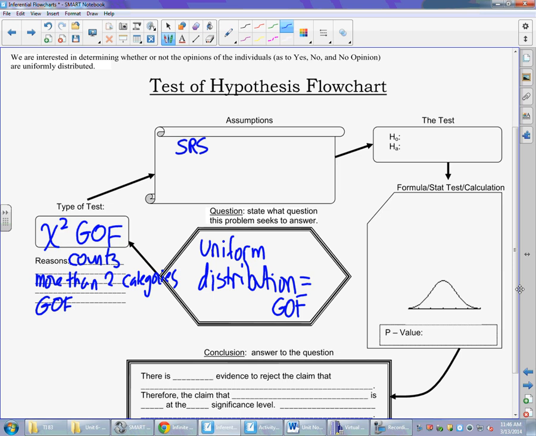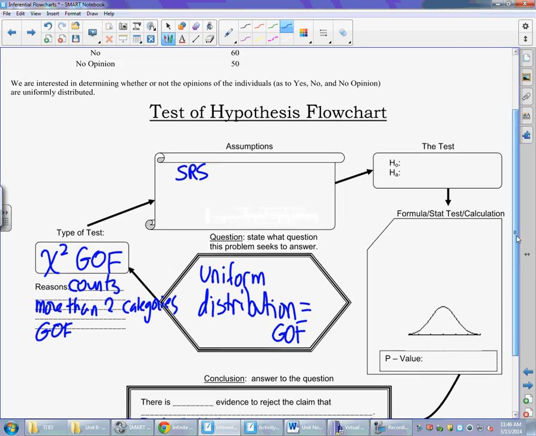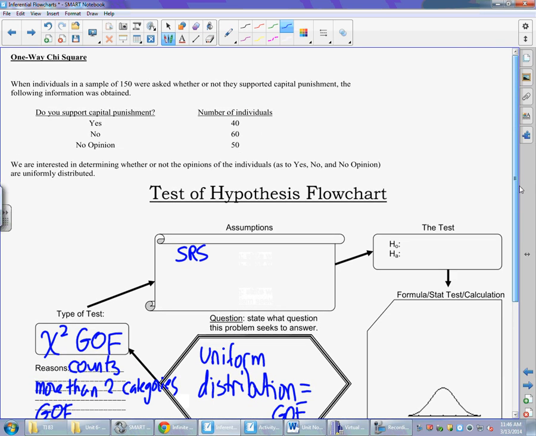All right, skewed distribution. Well, I don't know that we could tell just by looking at it in this case, but typically when you look at data points, if you were to just plot these as a dot plot, or even just a bar graph, you would have three values, and you would expect there to be some sort of skewness to it because typically we're looking at some balance between yes and no, and then the no opinion usually goes off on its own.